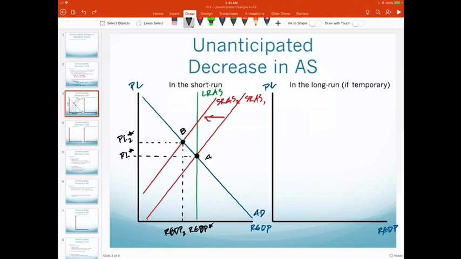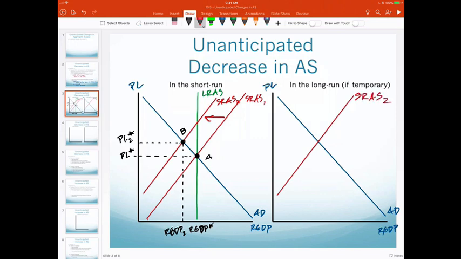So we are here. Let's draw in our aggregate demand curve here. And this is why I have PowerPoint. Anyway, all right. And we've got our short-run aggregate supply curve at SRAS2, and we are somewhere around here.